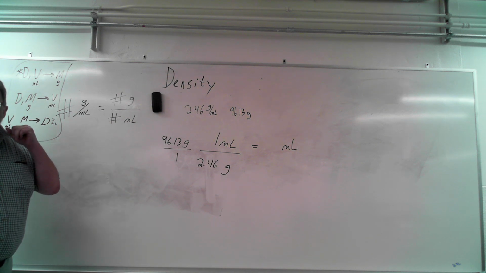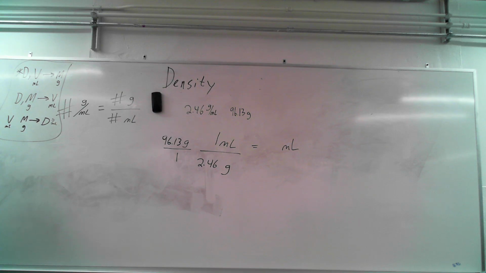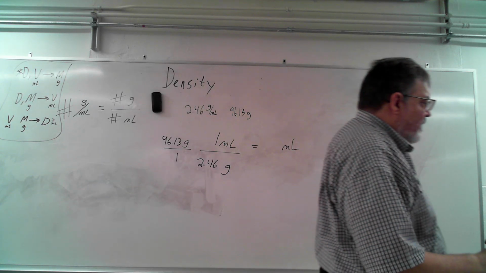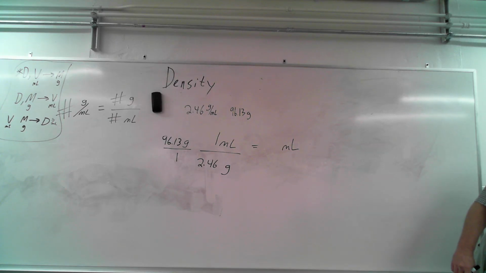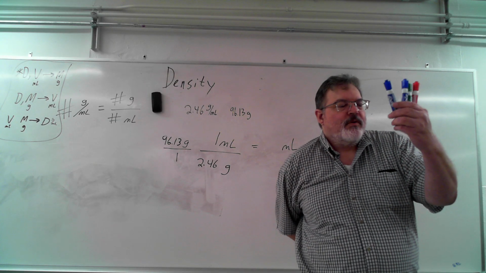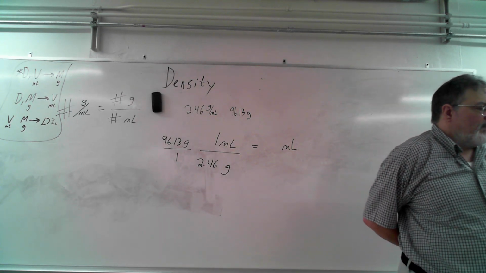I haven't mentioned the phrase exact yet. I probably should have said something about it when I first started talking about significant figures. But say you're asking, how many of these do I have? You would go, there's 4 of them, and there's no fractions.